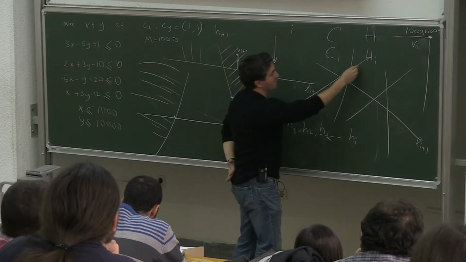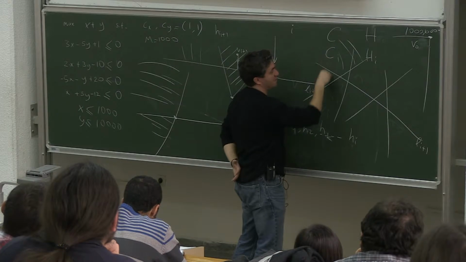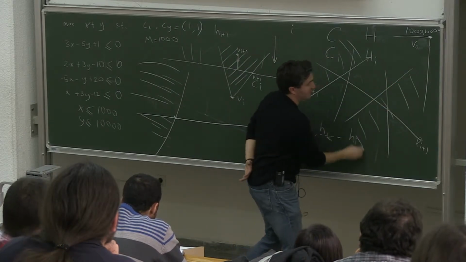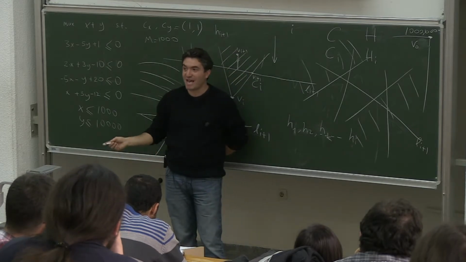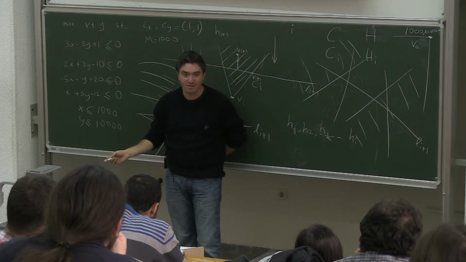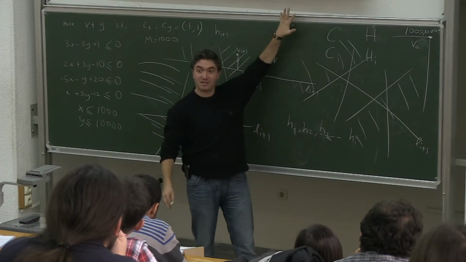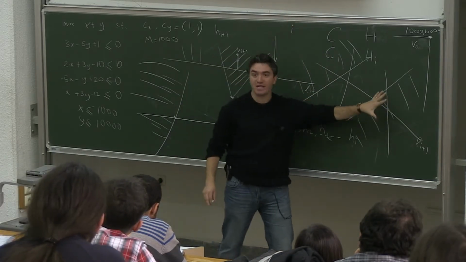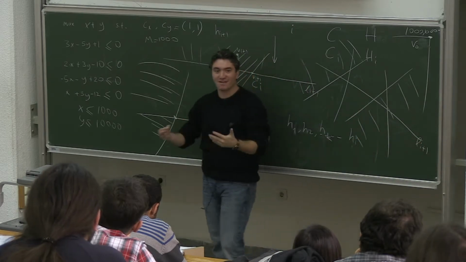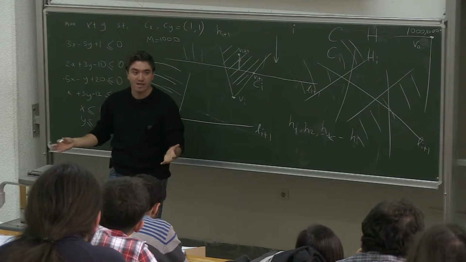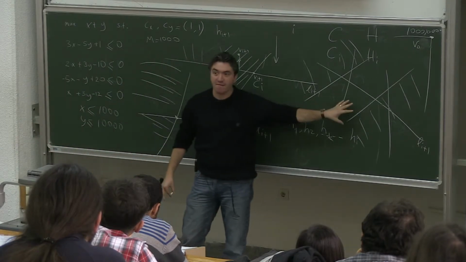If it's this region for this one, and this region for the other one, then what I have is an infeasible solution. This one says v_{i+1} has to be this way, and that one says no, it has to be that way. If you intersect these two, v_{i+1} cannot be anywhere. So you may find something infeasible here.